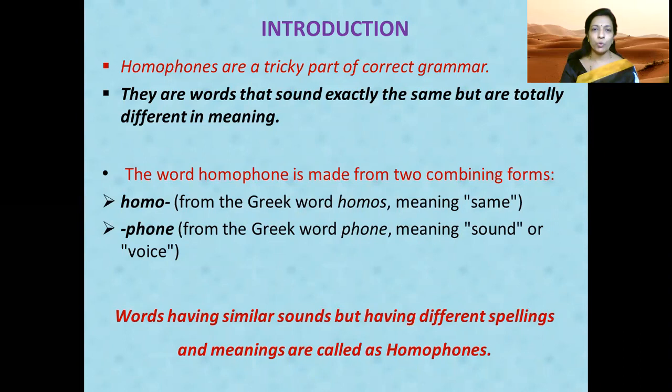The first word homo is derived from the Greek word homos and means same. The second word phone is again derived from a Greek word phone which means sound. So, the word homophone refers to those words which have similar sounds but different spellings and different meanings.